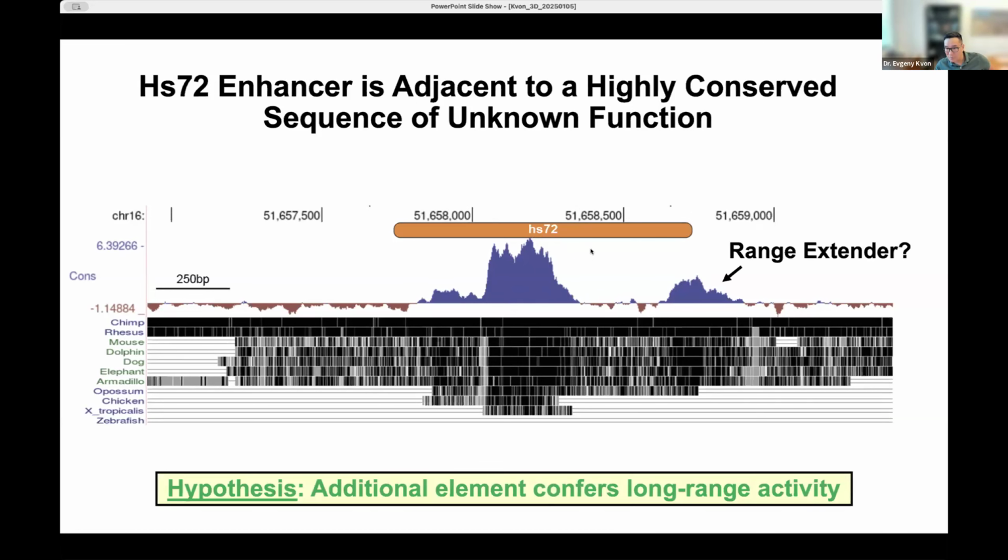And so we hypothesized maybe that sequence is actually important, right? But it's important not for short range enhancer activity, but for long range activity. And so that additional element, which we later called range extender, maybe is needed to confer longer range activity.